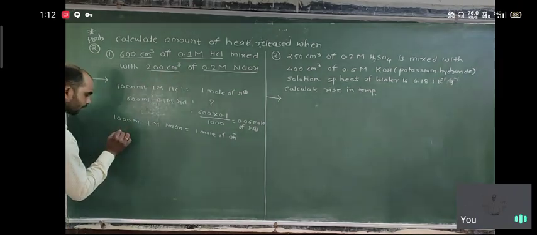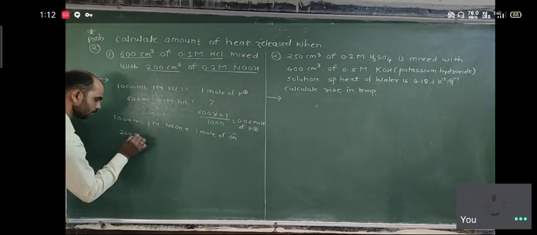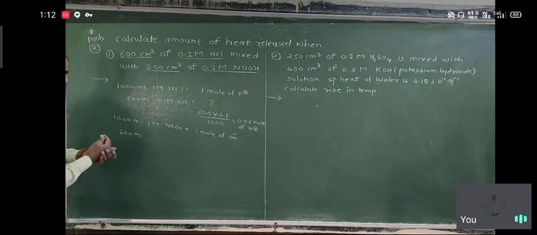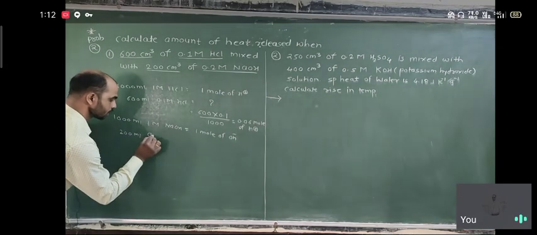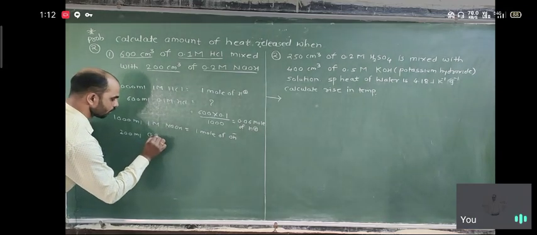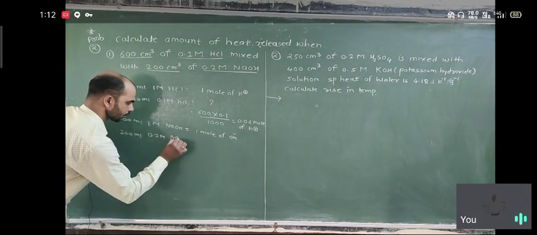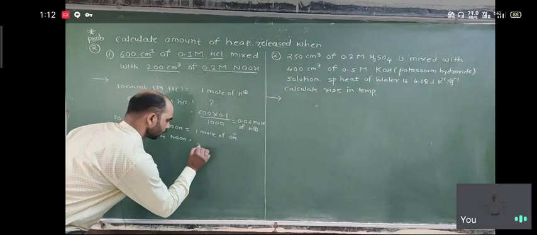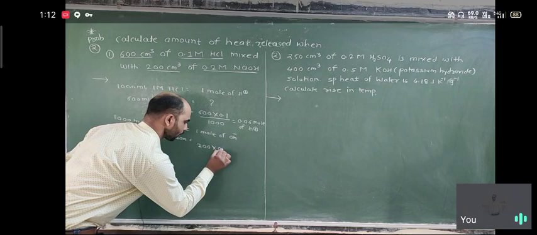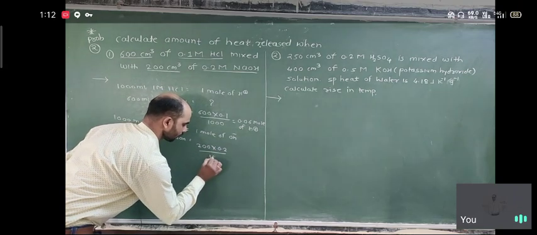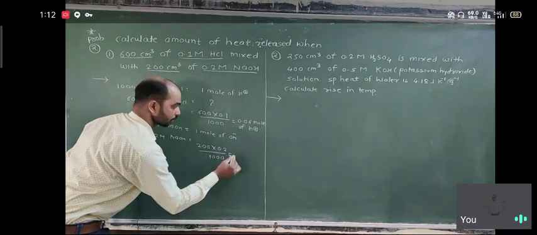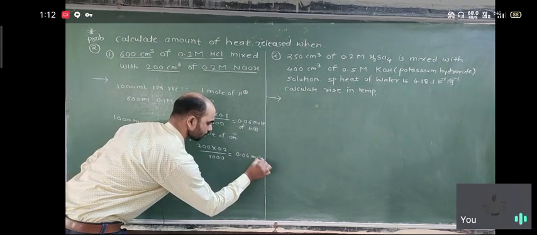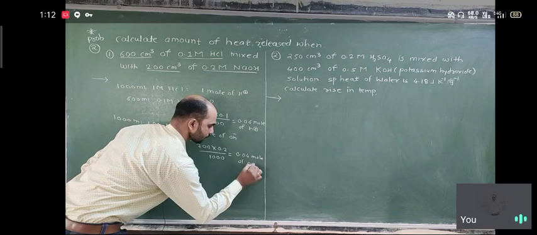Here the volume is 200 ml, or 200 centimeter cube, and the concentration is 0.2 molar NaOH. So 200 into 0.2 upon 1000 is equal to 0.04 moles of OH minus.